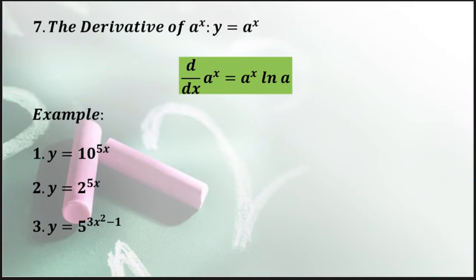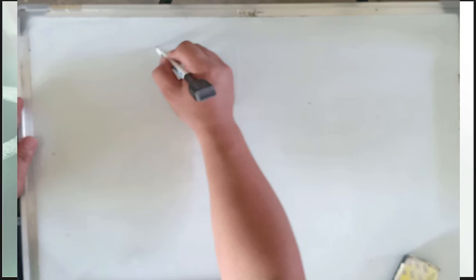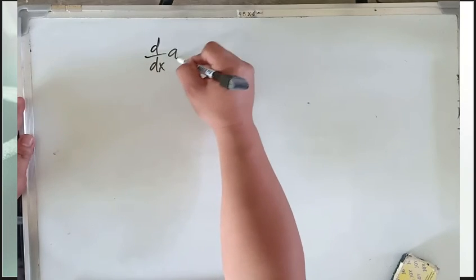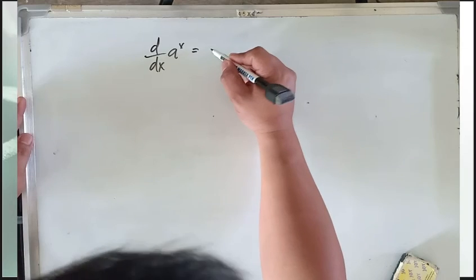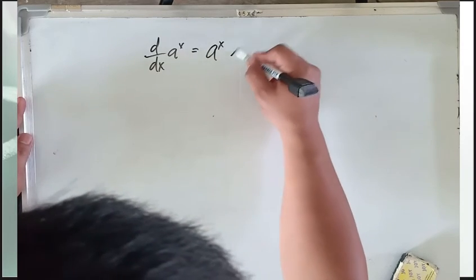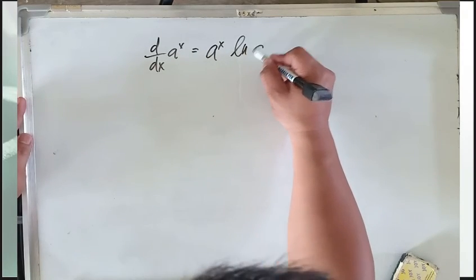How about the derivative of a raised to x? Okay, let's do it. The derivative of a raised to x is equal to a raised to x times the ln of a. Example number 1.